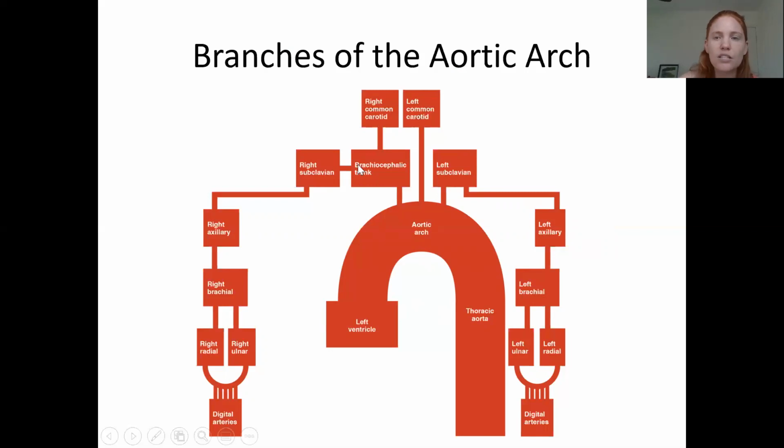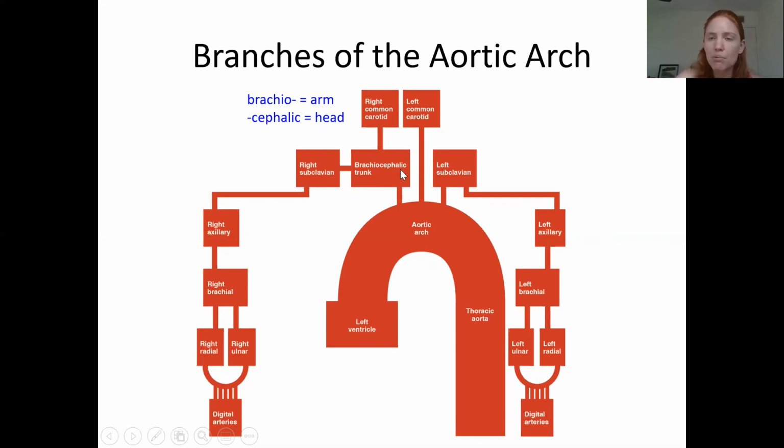Okay, so let's talk about what those words mean. Let's start with brachiocephalic. When you are looking at big scary words like that, you want to break them down into the pieces, and that will help you understand and remember. So the first one is brachio. Brachio as in brachial, which means arm. So that is going to continue out to the arm.